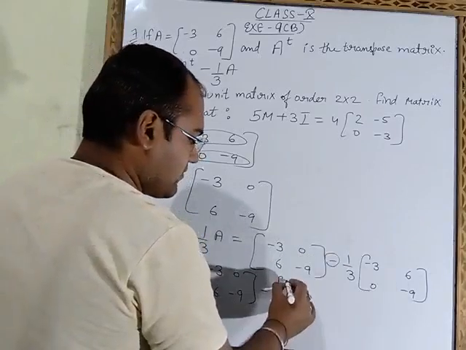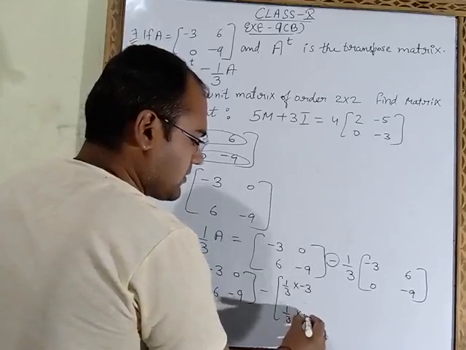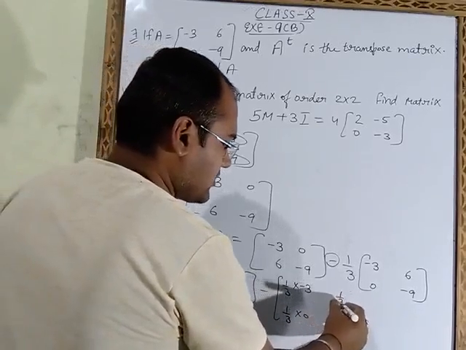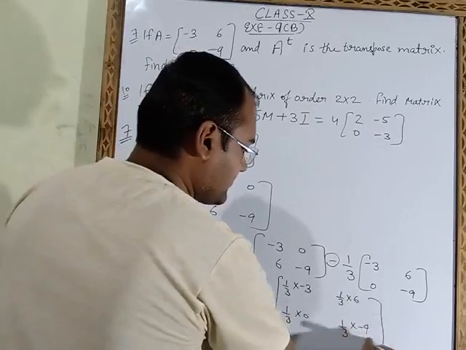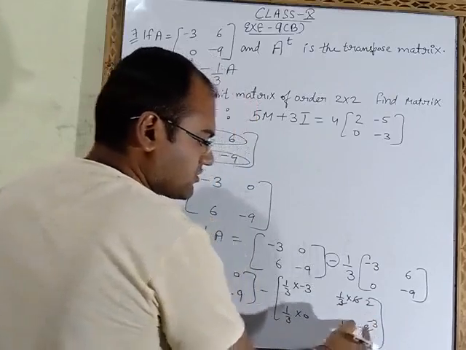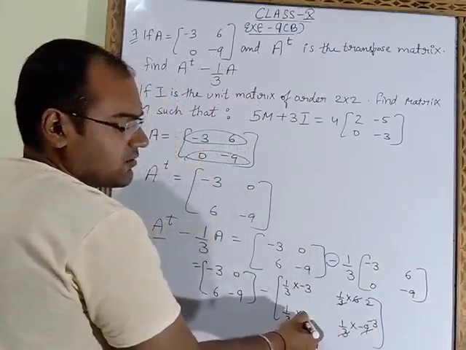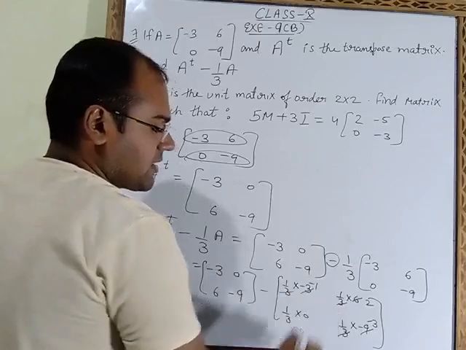Now 1 upon 3 we have to multiply with each element. So first element, 1 upon 3 multiply minus 3. Next, 1 upon 3 multiply 0. 1 upon 3 multiply 6. 1 upon 3 multiply minus 9. 3 twos are 6, 3 threes are 9. Minus sign will also be there. We will not be able to cancel it. 3 ones are 3, minus 1.